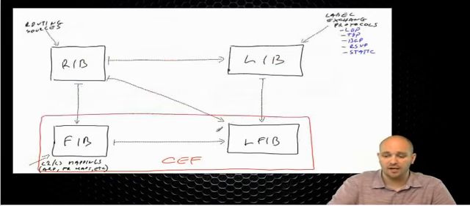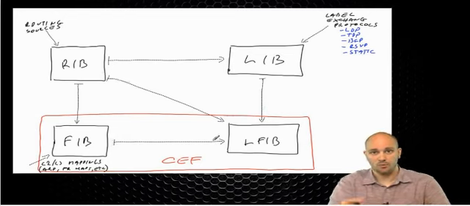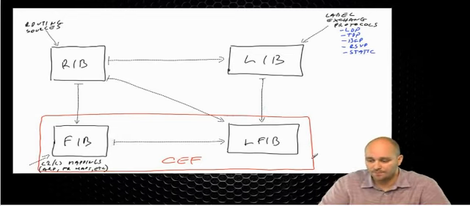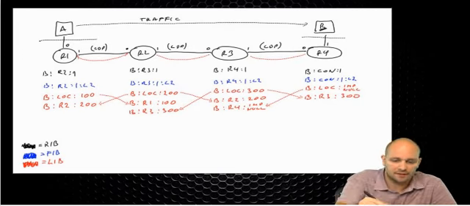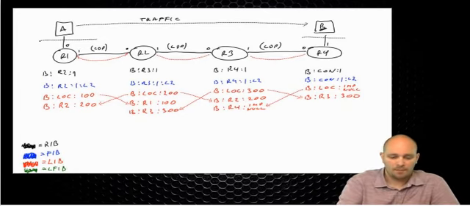And the information in the LFIB comes from the LIB, from the RIB, and from the FIB. So we now have to compile this information into something that MPLS can use. So this is going to be, in our diagram here, information displayed in green. So this here is going to be the LFIB.